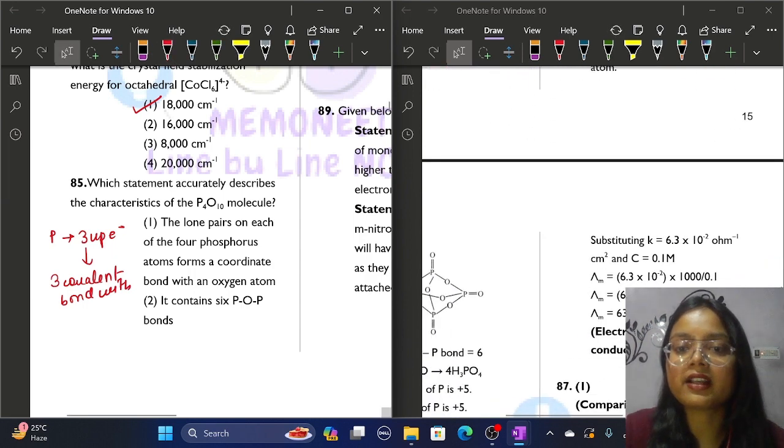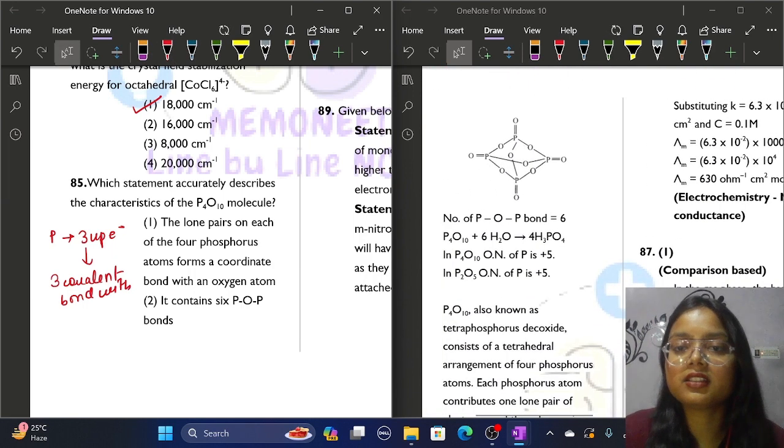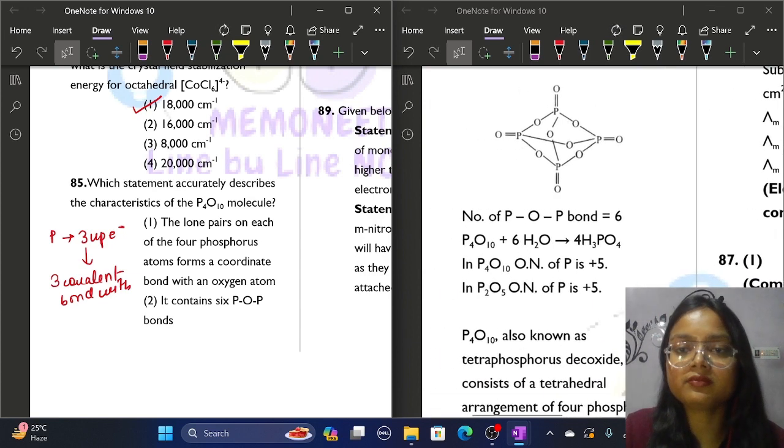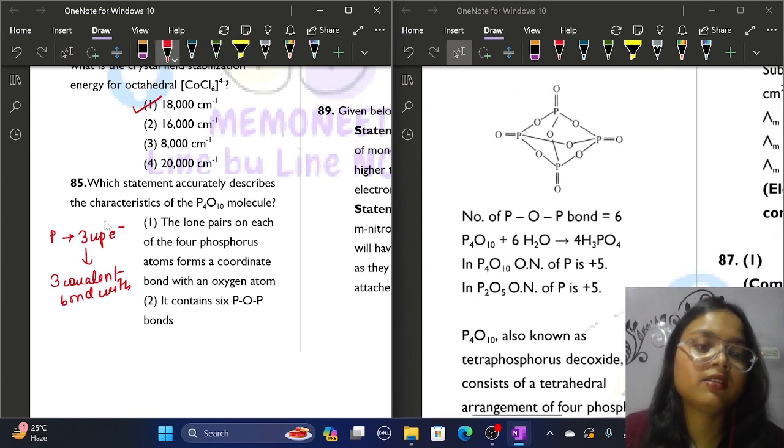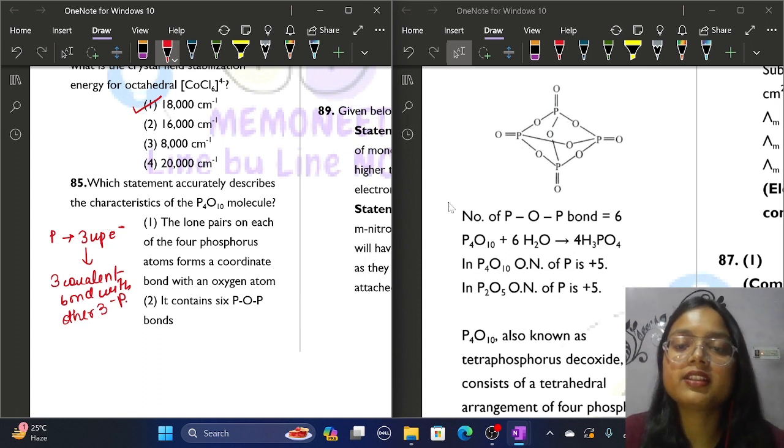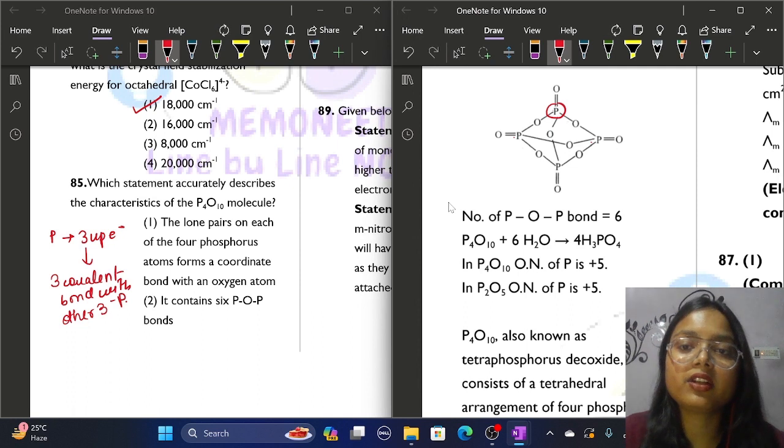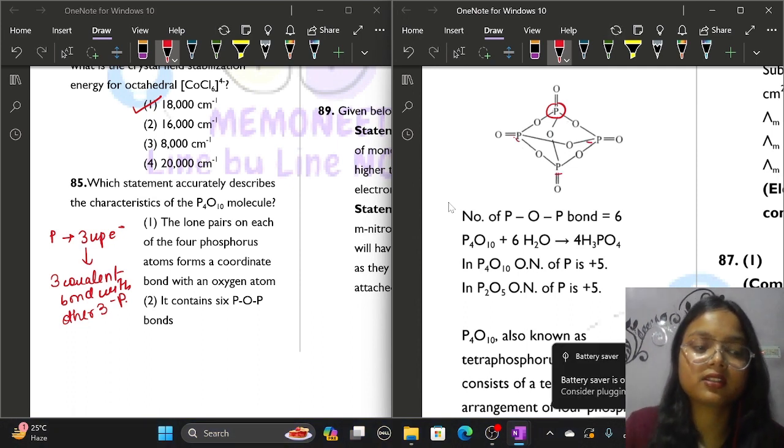Let's explain it with the figure. Phosphorus will form 3 bonds with the 3 other phosphorus atoms here.